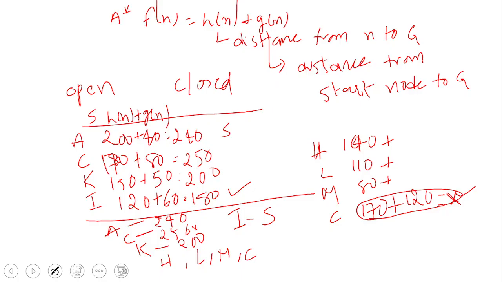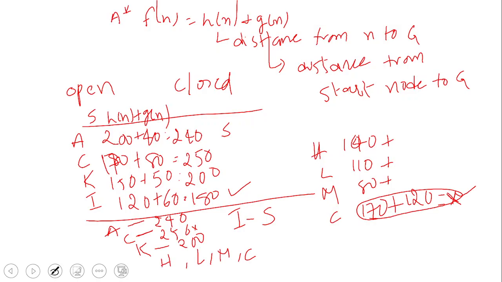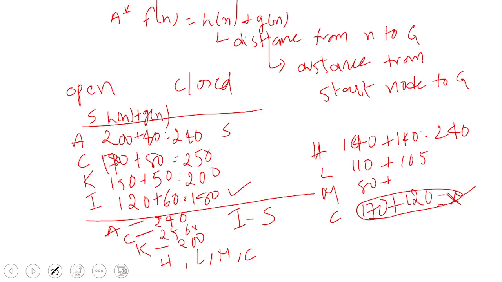Now we got a higher value, so neglect this one. So for H, what g value will we get? For H, 60 plus 80, so that is 140. So we'll get it as 240. And for L, 105. For L means from S to I and I to L. So now we are moving from S to I and I to L. So we need to calculate g of n like that.